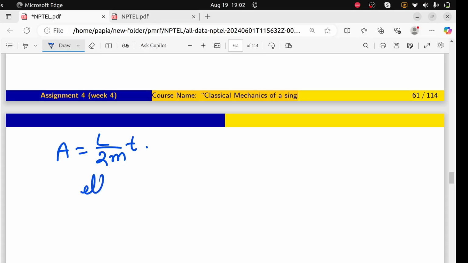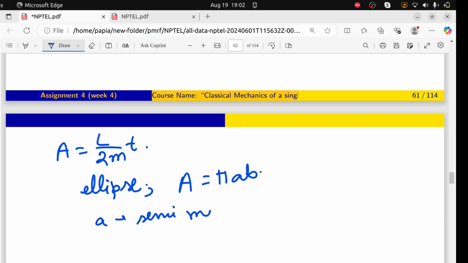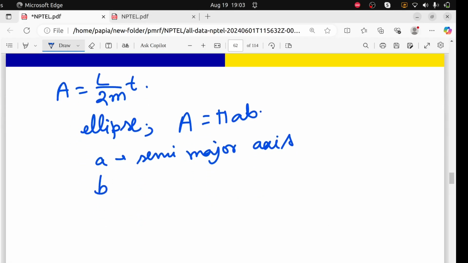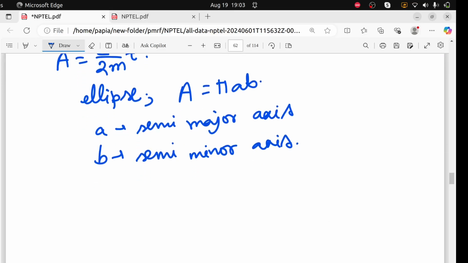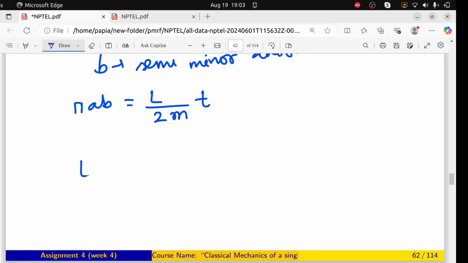For an ellipse, the area is nothing but pi AB, where A is the semi-major axis and B is the semi-minor axis. So I will write here pi AB equals L by 2m into T. Now T can be written as 2m pi AB divided by L.